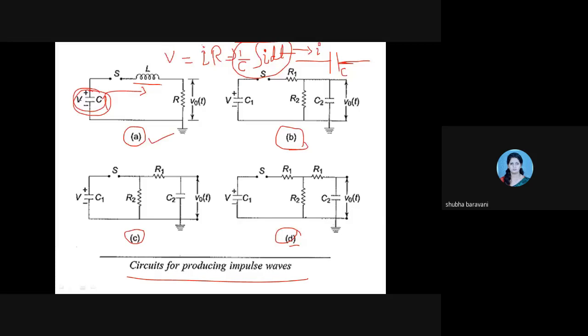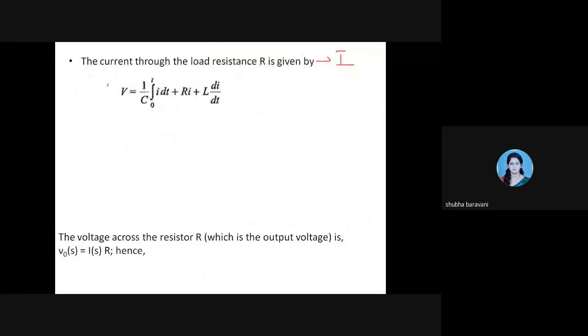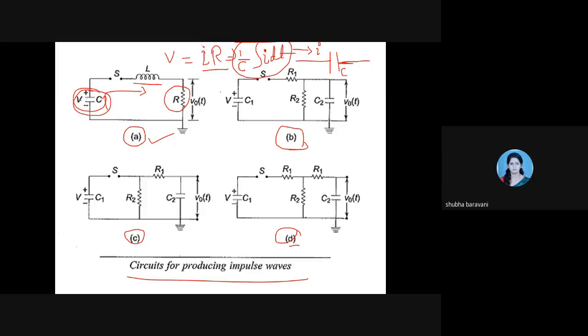And voltage drop across resistor is R into I, simple. So V is equal to 1 by C integration of I dt over 0 to t, plus Ri, plus L into di by dt.